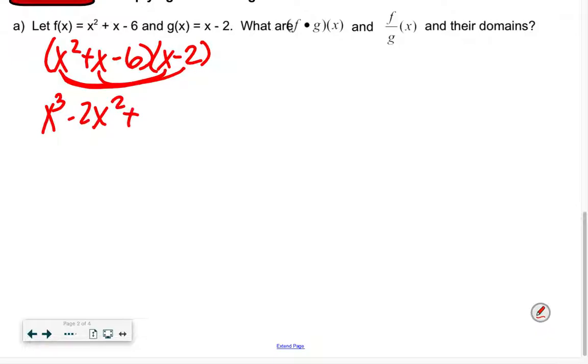X times x, x squared, x times negative 2, negative 2x, negative 6 times x, and negative 6 times negative 2, a positive 12.